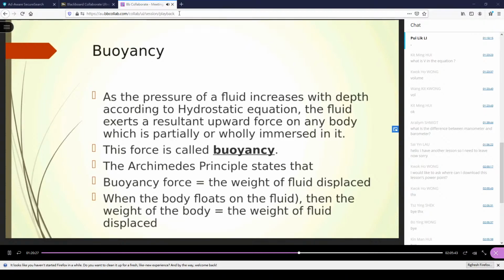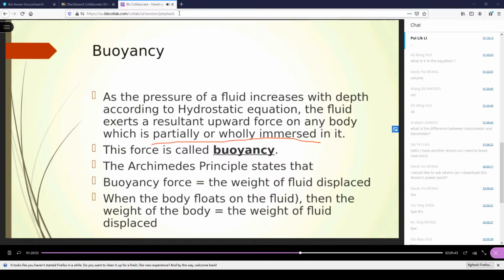Buoyancy is a situation where we deal with a force acting on a submerged body or a partially submerged, partially immersed body. Now, when an object is in touch with a liquid or fluid, usually it is a liquid.